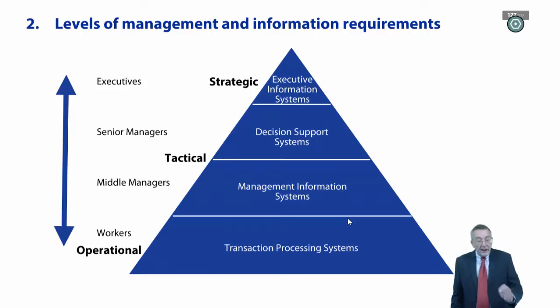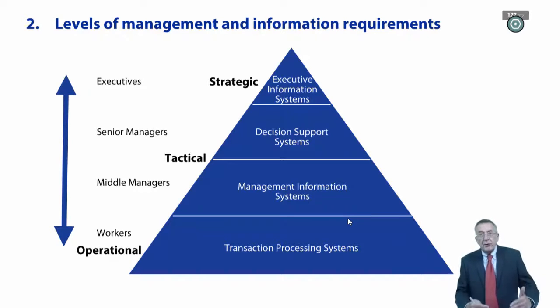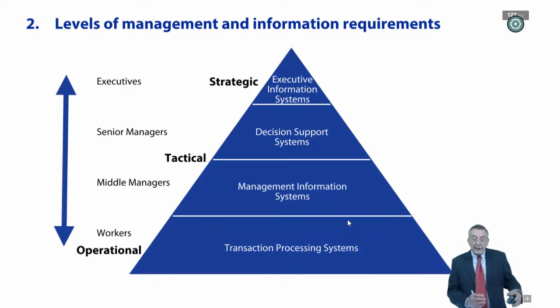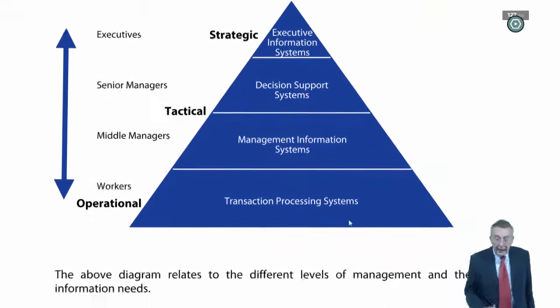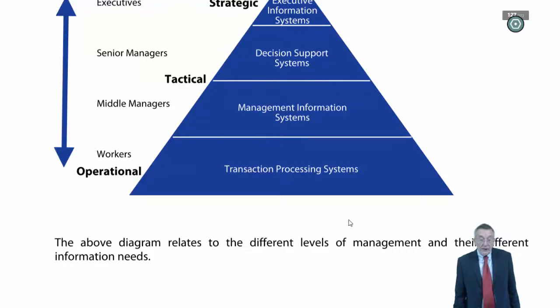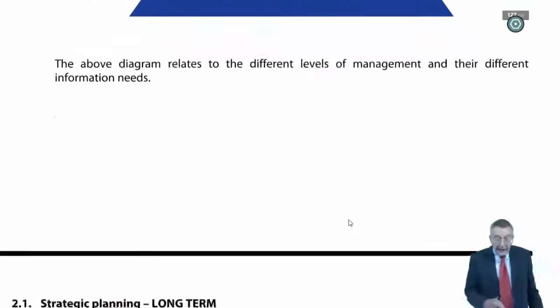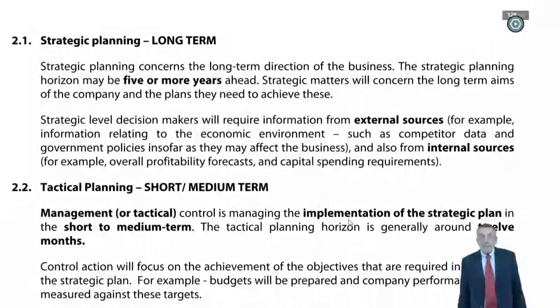But the first thing initially, see there in bold, is that there are 3 levels of management and decision making: operational, tactical and strategic. Those 3 levels are discussed on the next page.